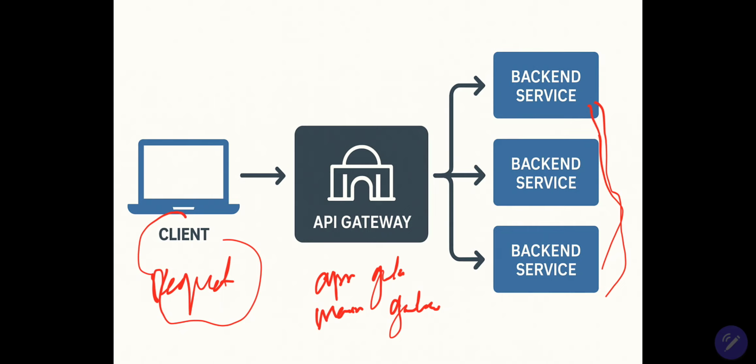So what is the meaning of API gateway? The term API gateway is a component or service that functions as a gateway to manage and secure traffic data between the client and the backend.